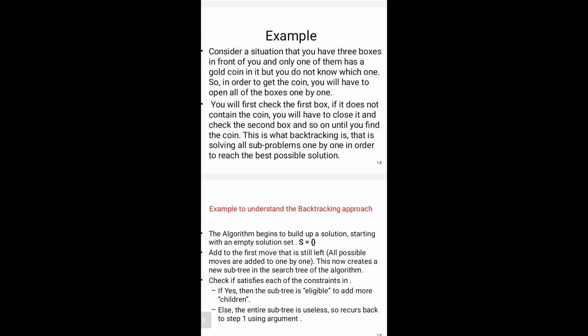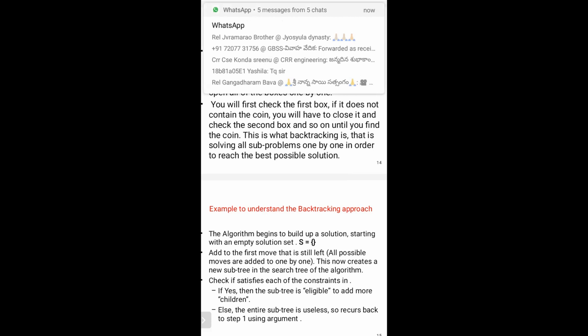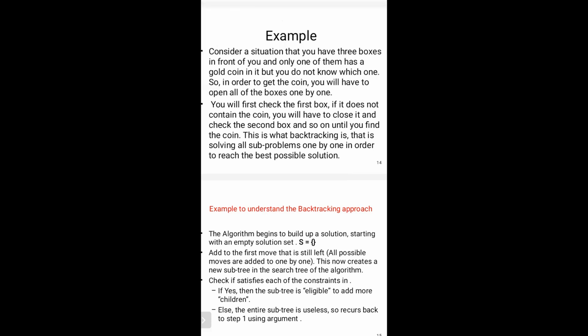In that game, only one of the boxes has a gold coin, but you don't know which one. In order to get the coin, you will have to open all of the boxes one after another.